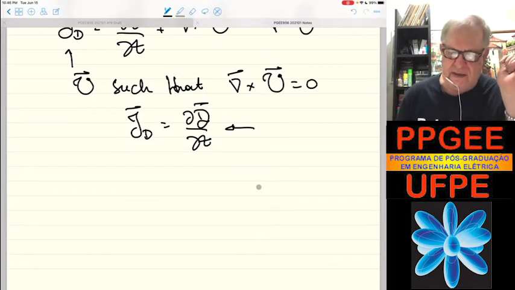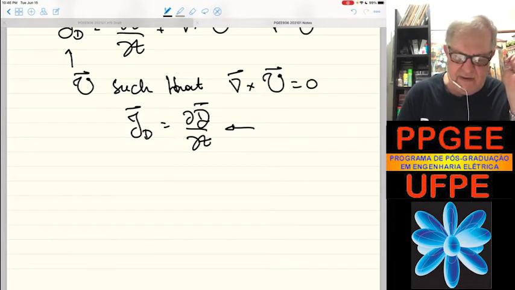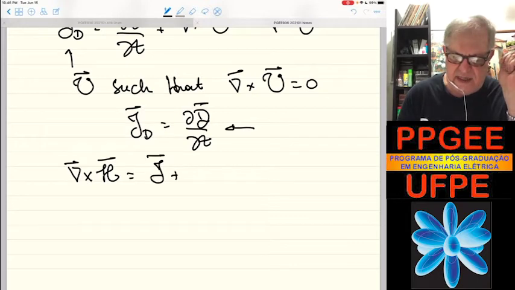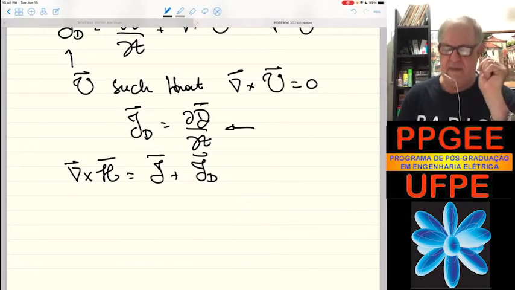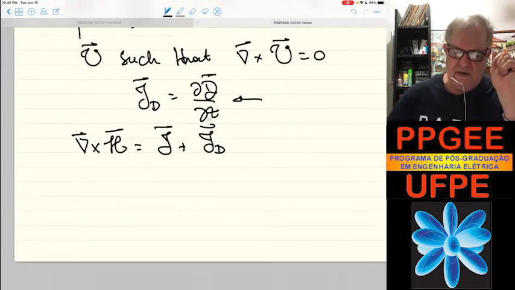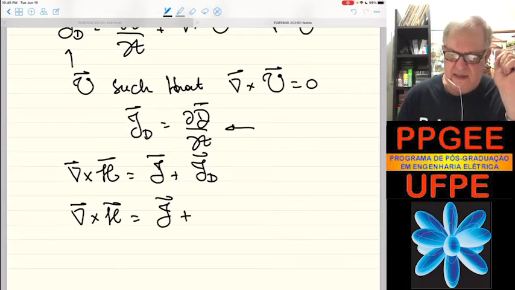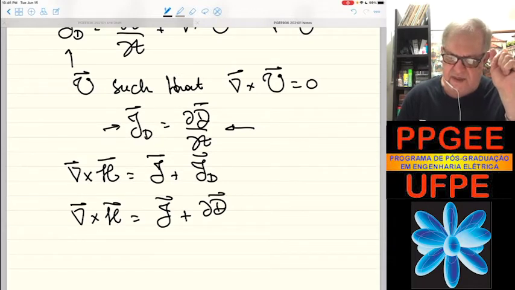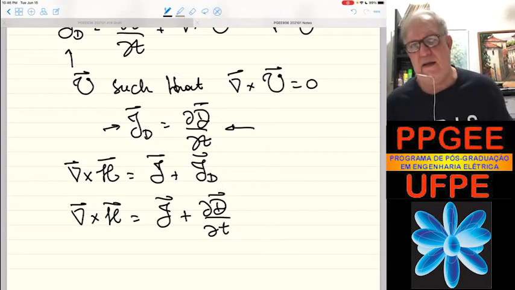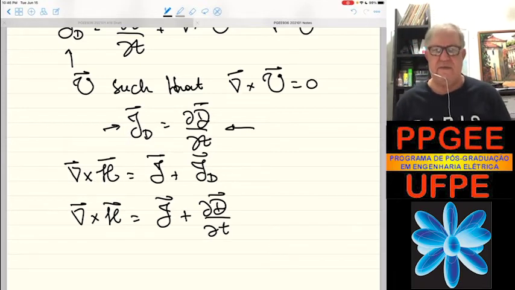So, in summary, now Maxwell's equation for H is curl of H equals J plus JD, with JD given by this relationship here, or if you write in terms of fields, curl of H equals J plus the displacement current density, which is given by the time rate of change of the electric flux density vector, right?